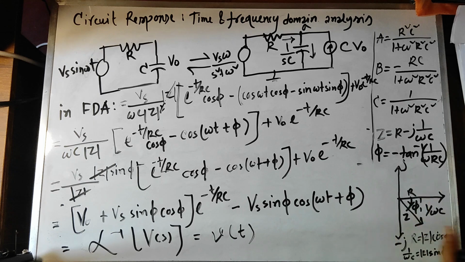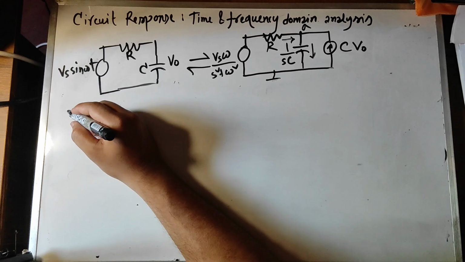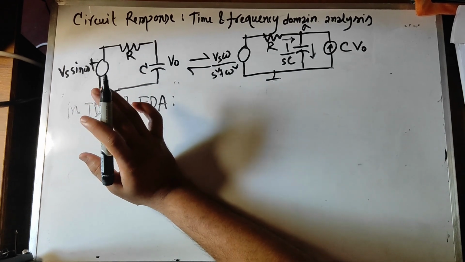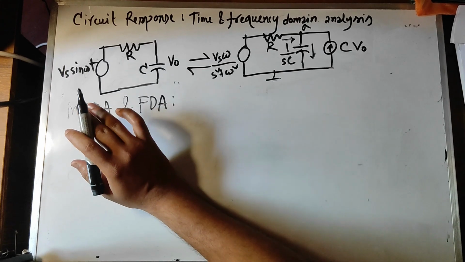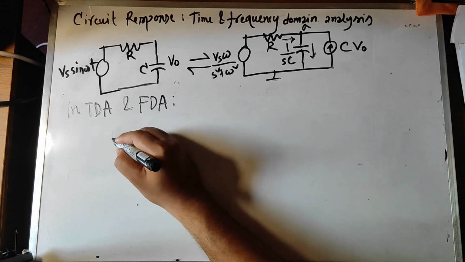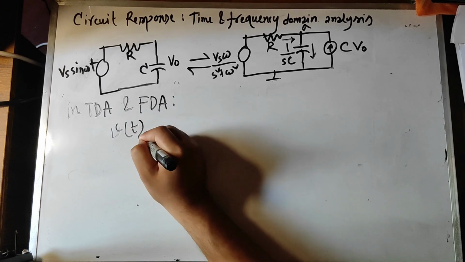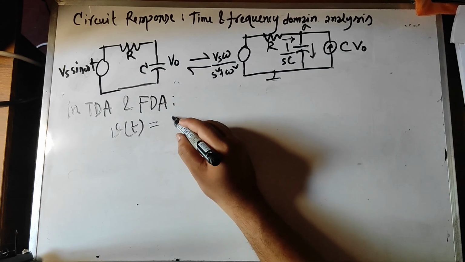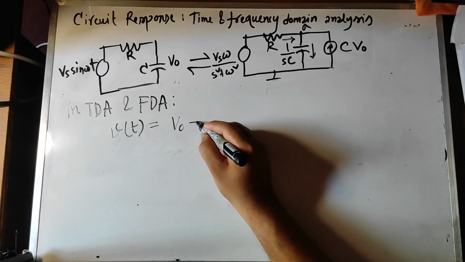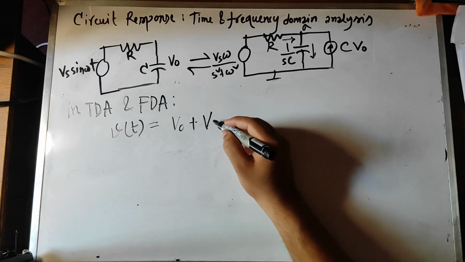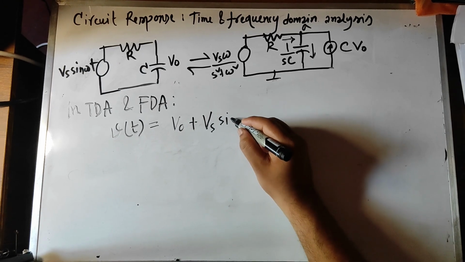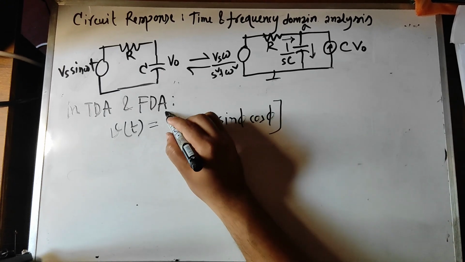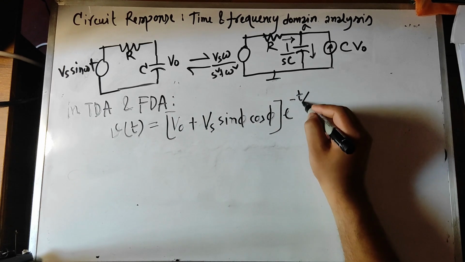And now in summary, in both time domain and frequency domain analysis of series RC response to sinusoidal input, the value Vt, which is voltage across the capacitor, is Vo, which is the initial value, plus the final magnitude of the sinusoidal input into sin phi cos phi e to the power minus t by rc.